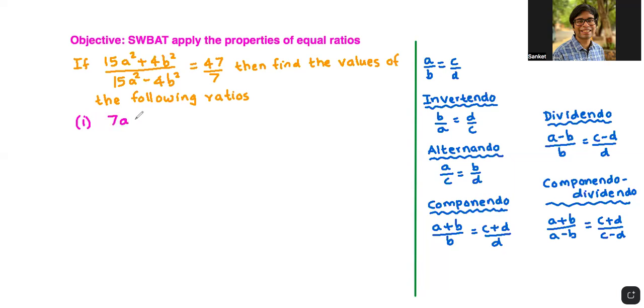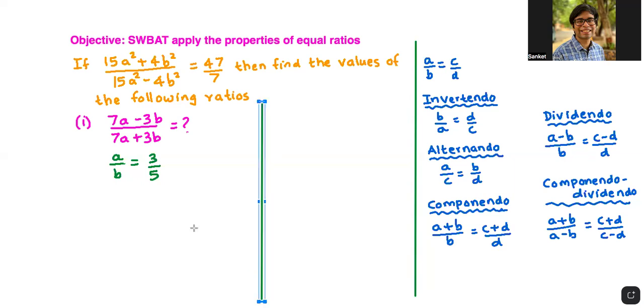I am asked to find (7a − 3b) upon (7a + 3b). And I need to start from this, but I've already started from here and I've got that a upon b is equal to 3 upon 5. So I'm directly going to use that. Now I can see that a upon b is 3 upon 5.